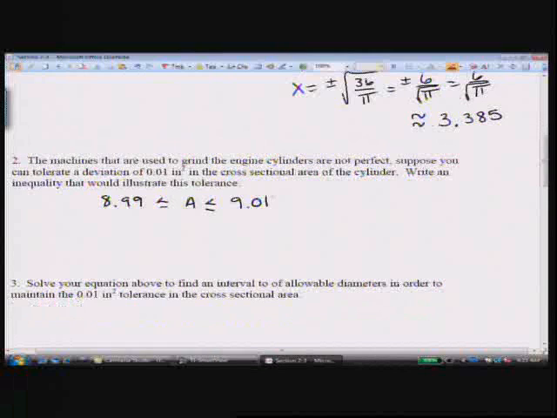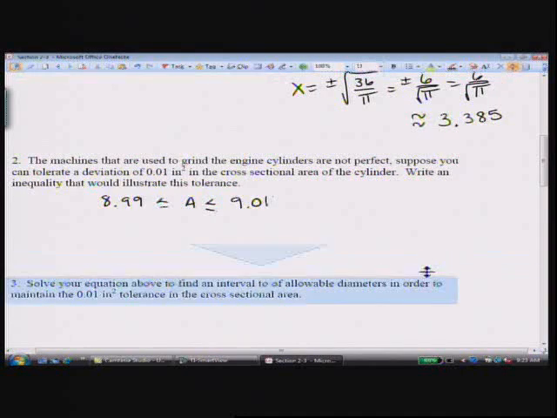All right. So we're saying that our machine, I will tolerate 1/100th of an inch. And so this machine creates cylinders for the engine. Okay. So I will tolerate 8.99 to 9.0 square inches in my area, and that's what I'm telling the person who's building the cylinder.